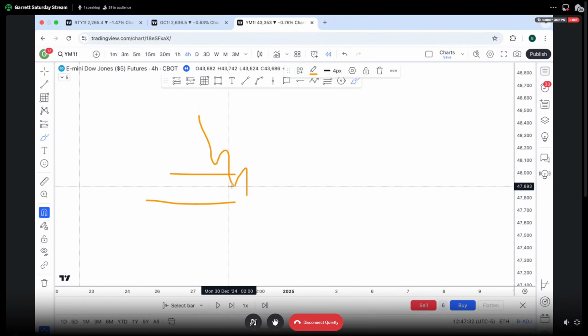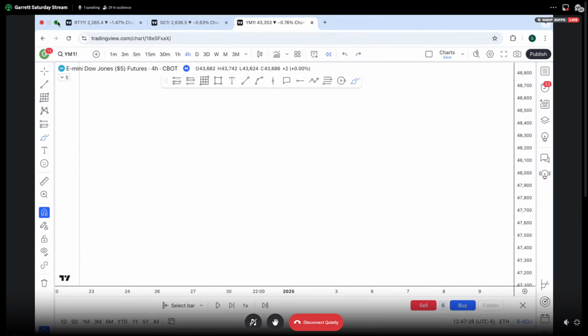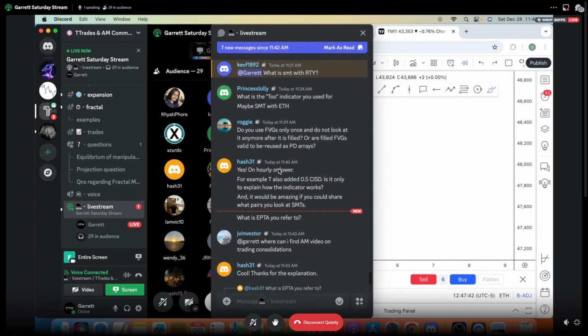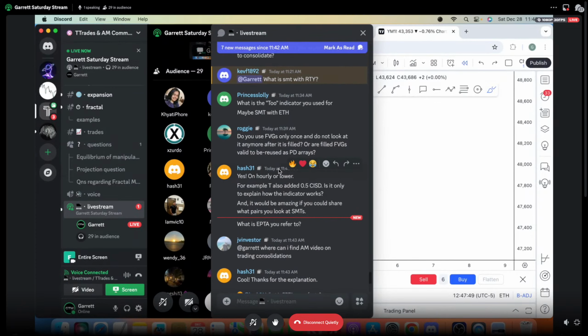We need manipulation. That's why I require manipulation out of this area. Even for an opposing candle on the daily time frame, I'm going to require manipulation everywhere to trade up.